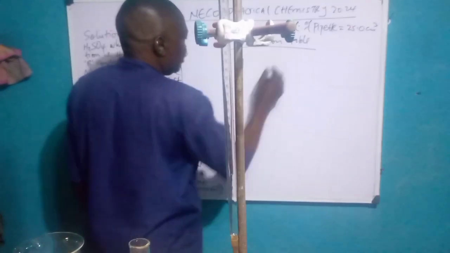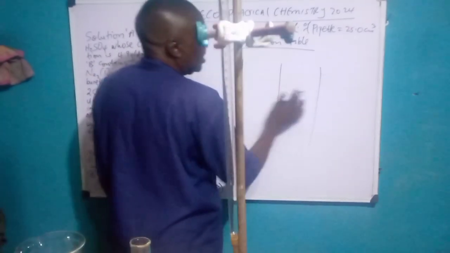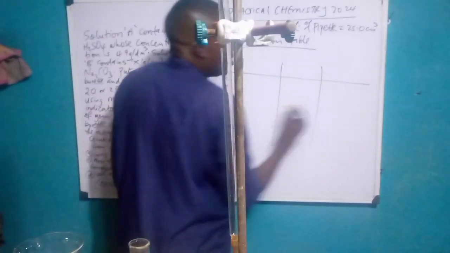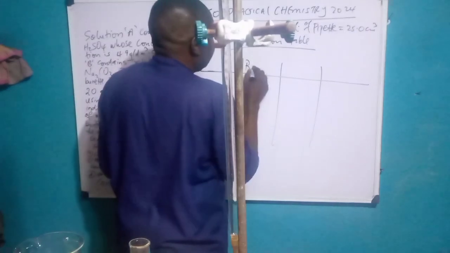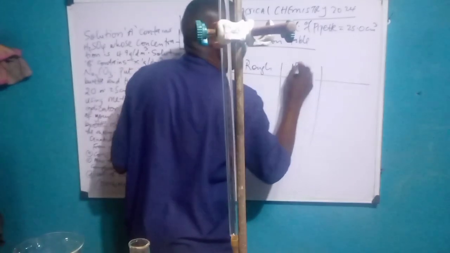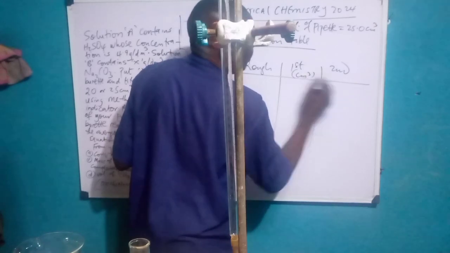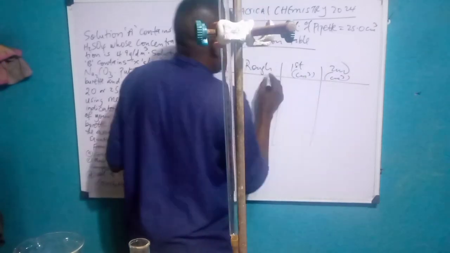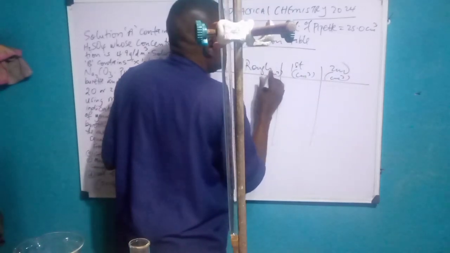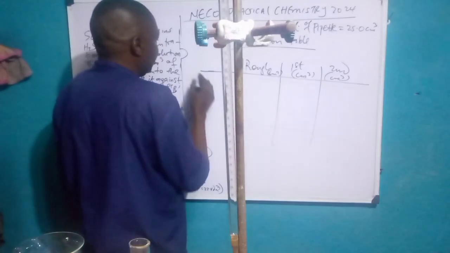Then you draw your table, a titration table. Draw it like this. Usually they can give you 3 or 4 readings, whichever, it doesn't matter. Just know what to do. You have rough, first, second. Indicate the unit. If you don't indicate the unit, you may be penalized. Cubic centimeter.